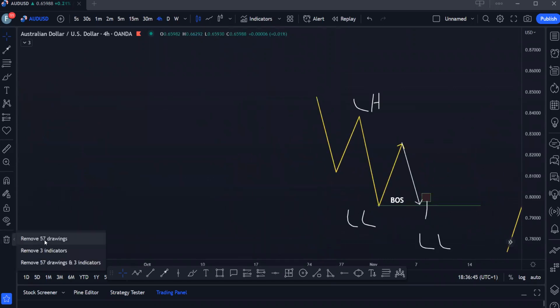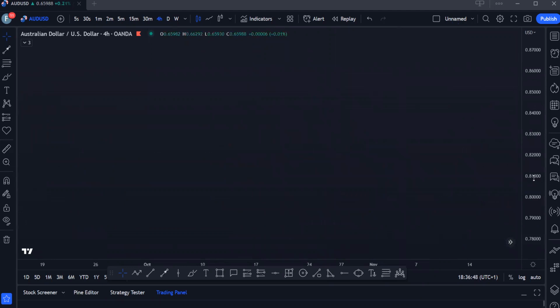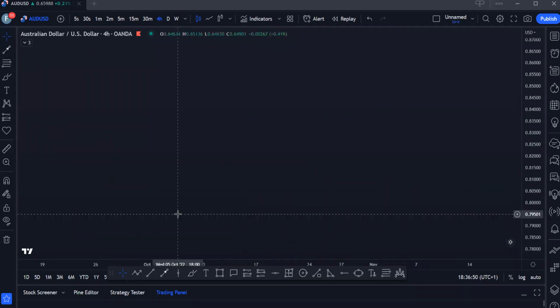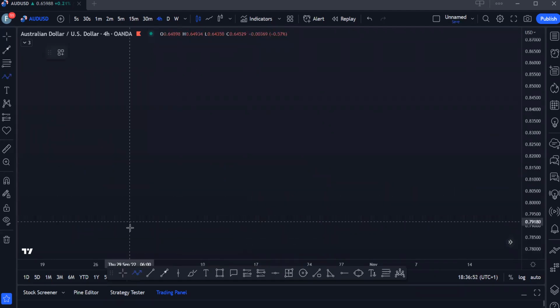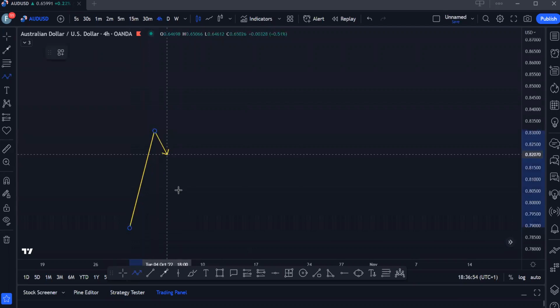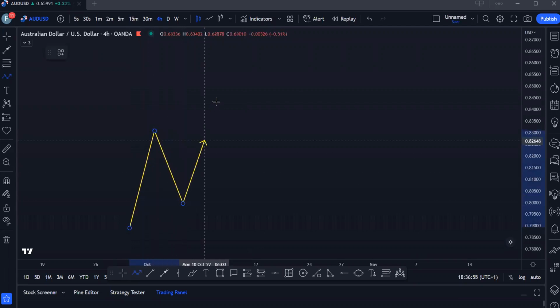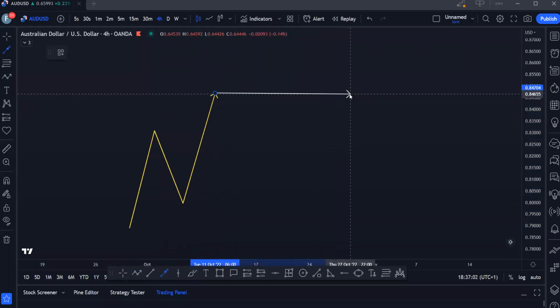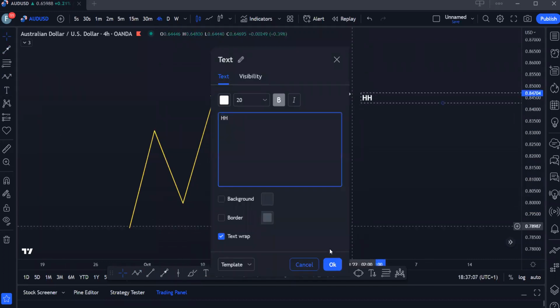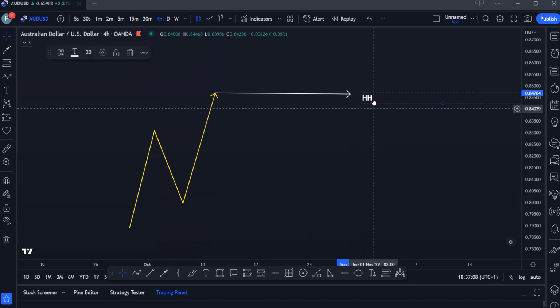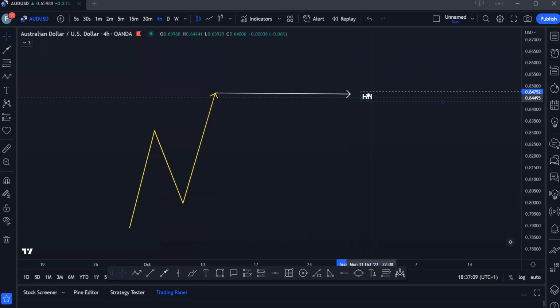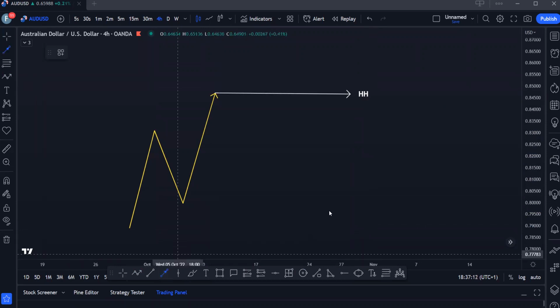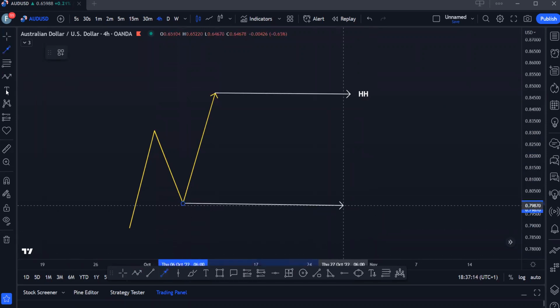Now let's go into the concept of minor structure. So this is major structure like so. Now this is your higher high, and this is your higher low.